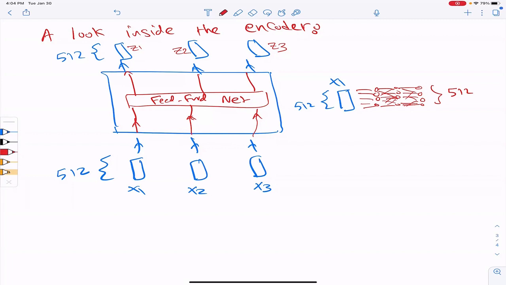In other words, it is applied pointwise. Okay, are we good? Now we have a neural network. It takes your input vectors, it outputs output vectors. A little bit fancier than embedding.